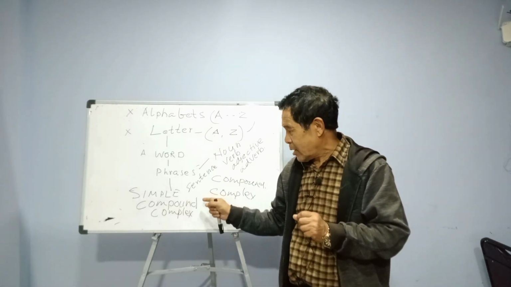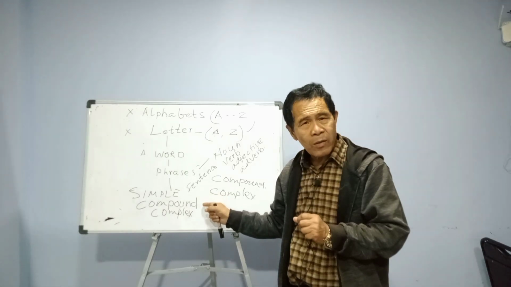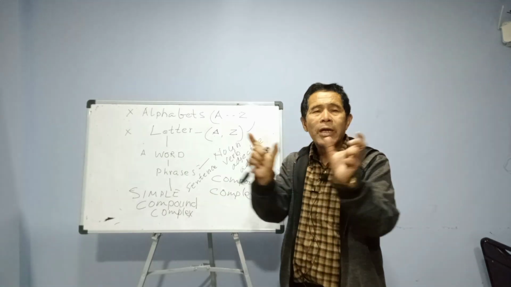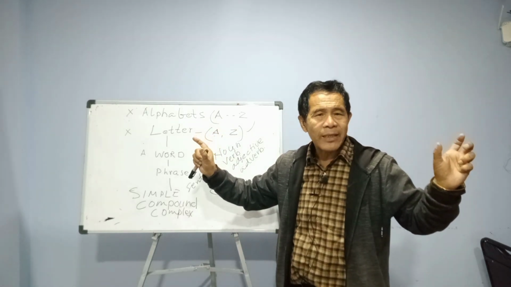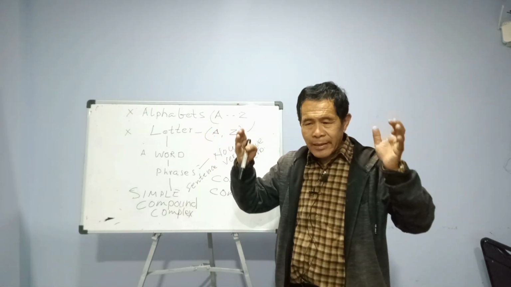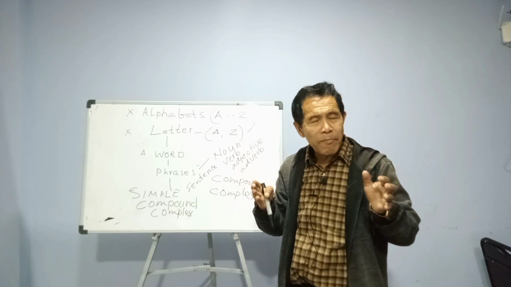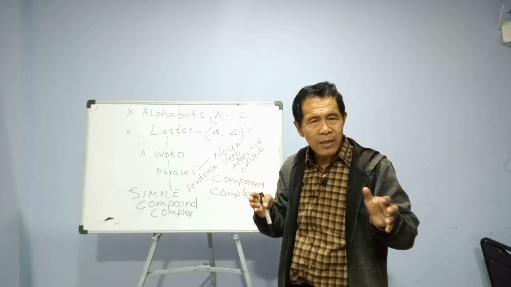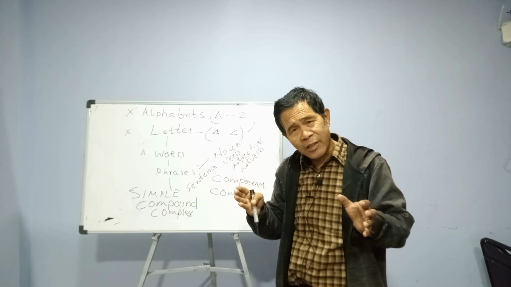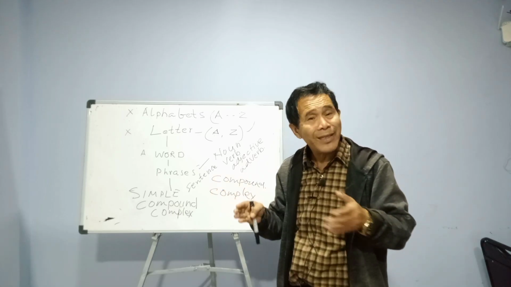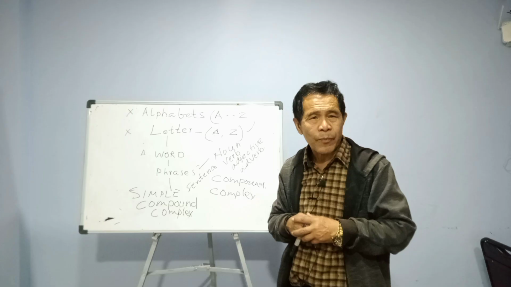But it's not like a compound sentence at all. In what way? When we break those complex sentences, they cannot give complete meaning, or the meaning changes. So that means they cannot stand alone in the sense of grammar.